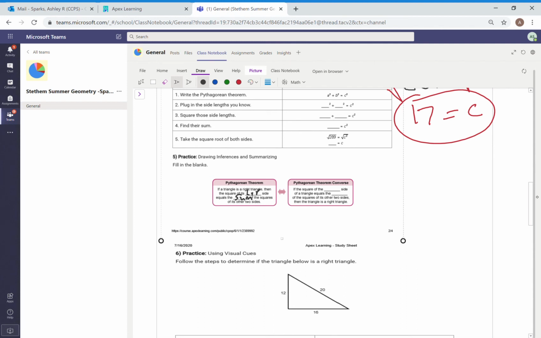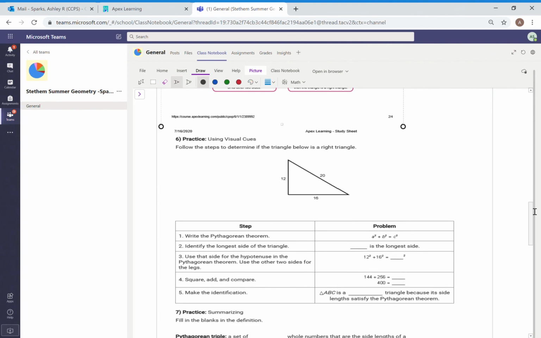If the square of the hypotenuse equals the sum, this is the converse. Basically, we can find the missing side of a right triangle, or we can prove something is right, which is what we're going to do in this problem.